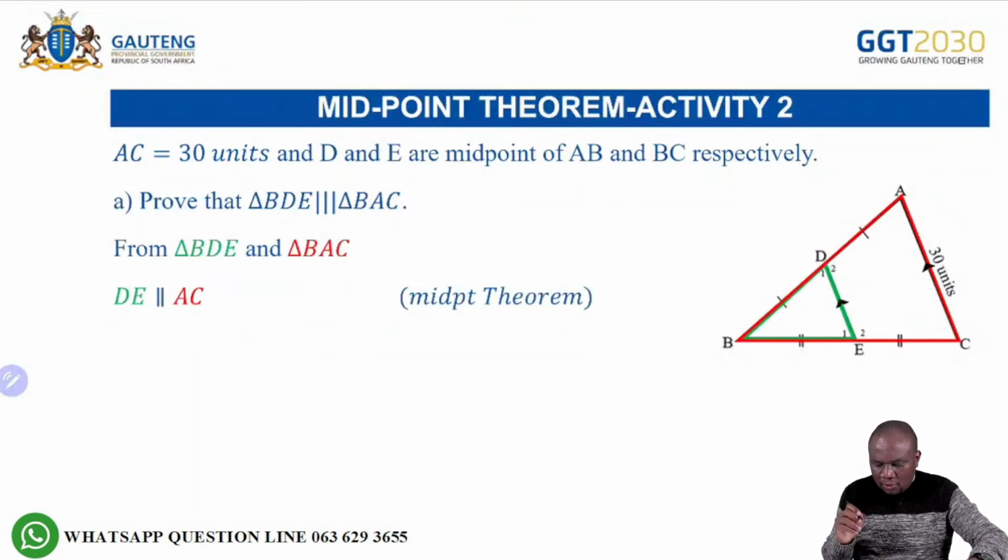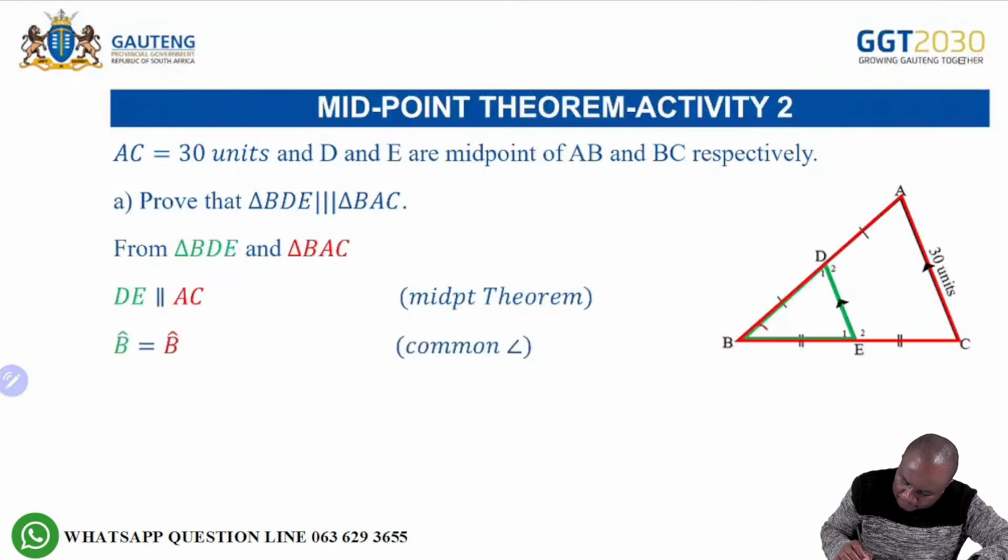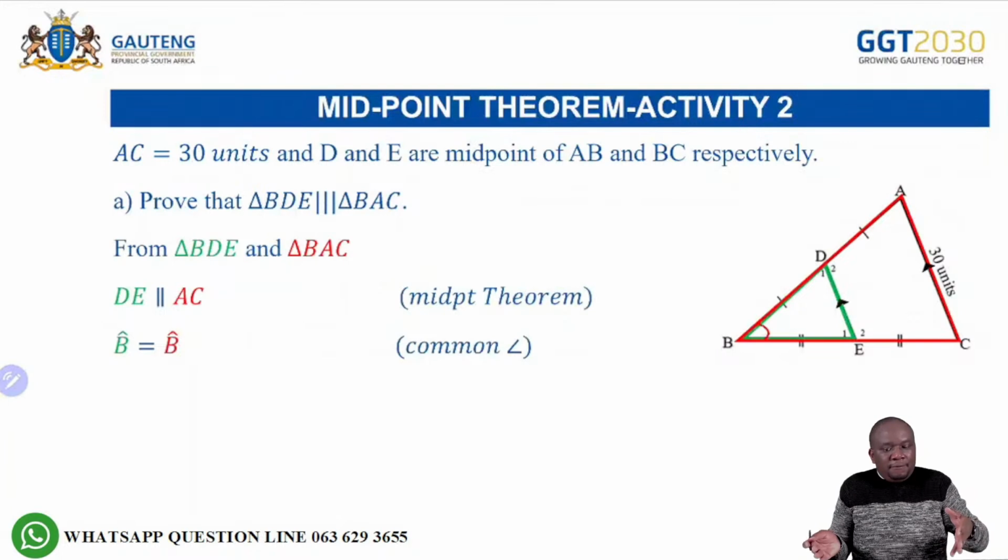And angle E1 and angle C are corresponding angles. And then we have a common angle here, which is B. So angle B for the green triangle is equal to angle B for the red triangle. It's a common angle.